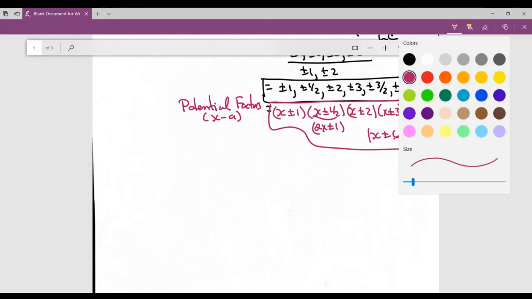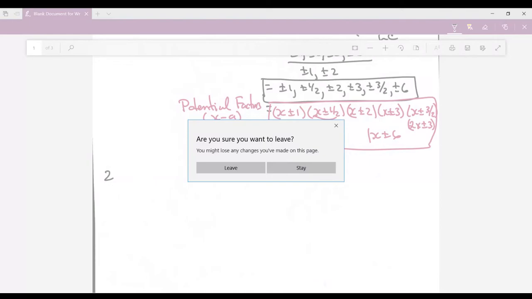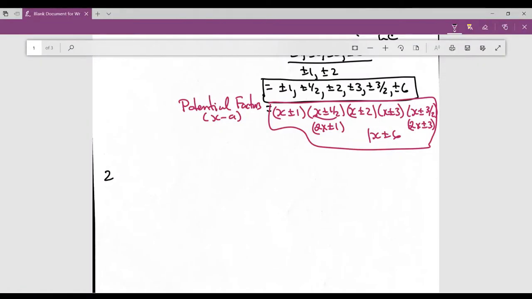Second main idea. The second main idea is finding the remainder.